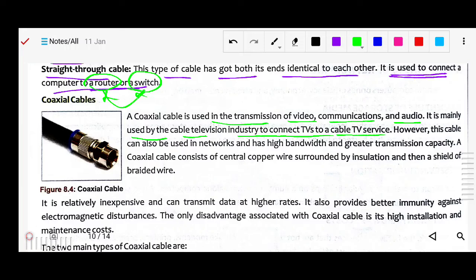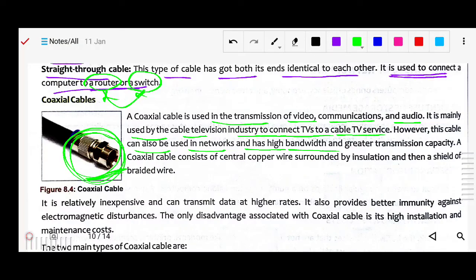If you have a DTH set top box, you have seen this kind of cable, where one wire comes from the antenna and connects to your set top box. However, this cable can also be used in networks and has high bandwidth and greater transmission capacity. As compared to Ethernet, it has a greater transmission capacity.